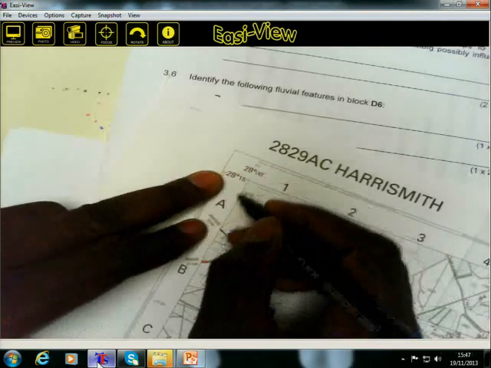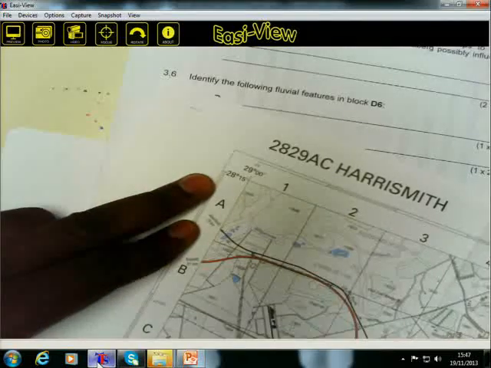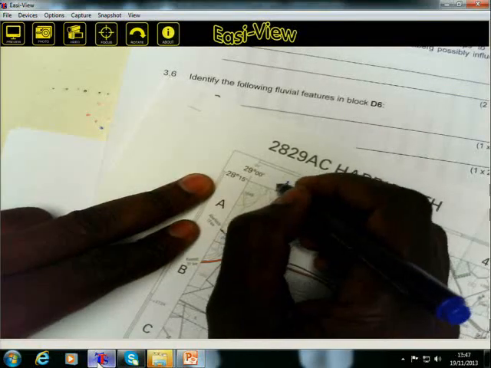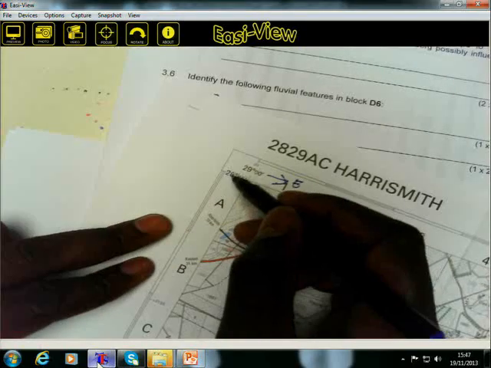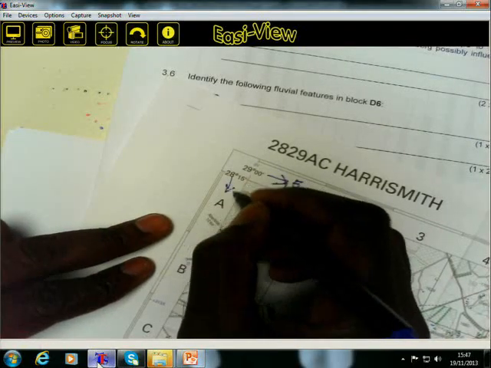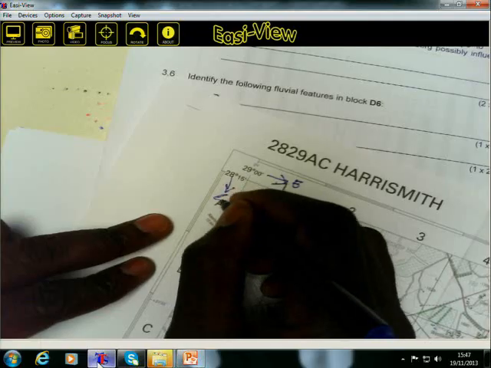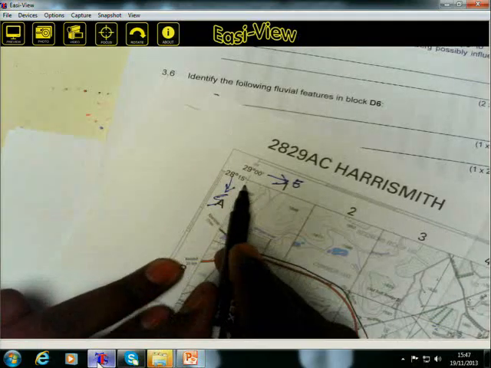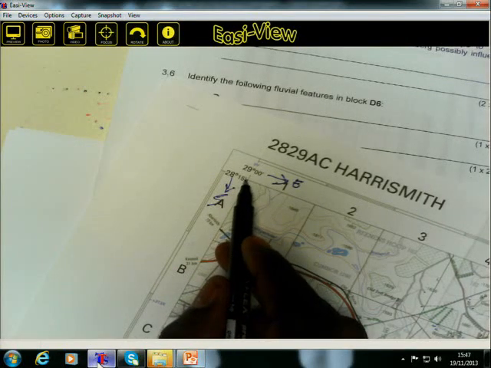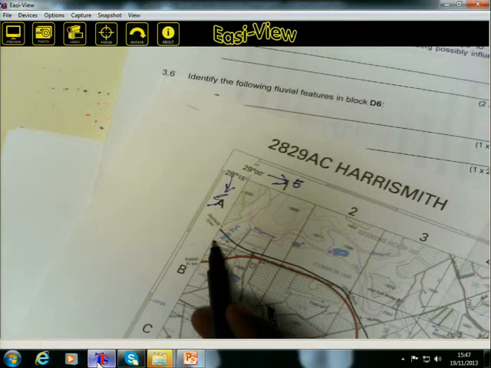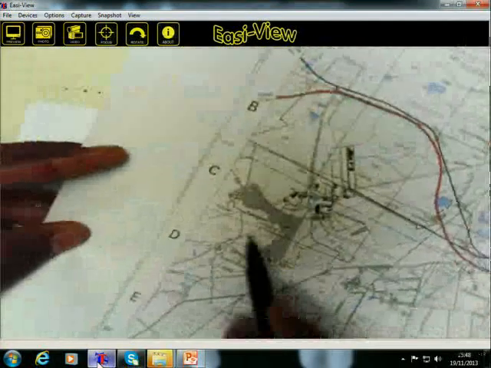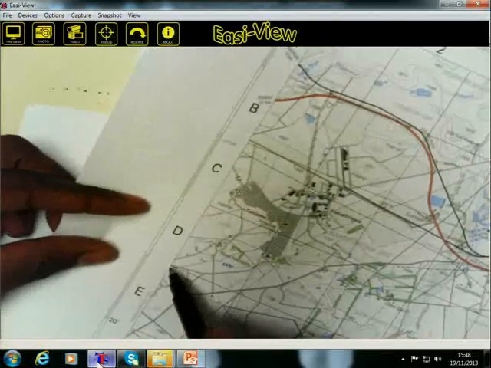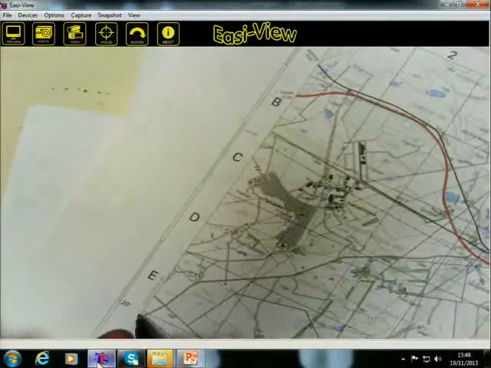Then we know that our lines of longitude must stretch towards the east, and our lines of latitude must stretch towards the south. To confirm it, if you've got 15 minutes, this will be 16, 17, 18, 19, and then you've got 20.